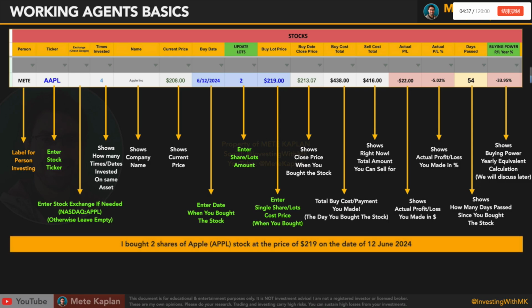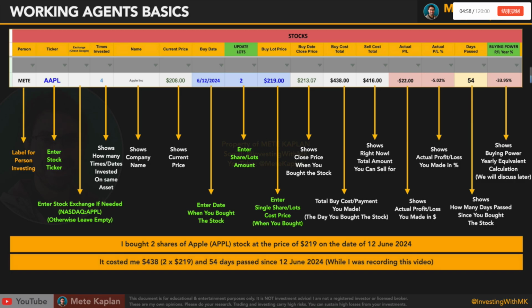Let me recap. What is one agent line telling me here? It is telling me I bought 2 shares of Apple stock at the price of $219 on the date of 12 June 2024.